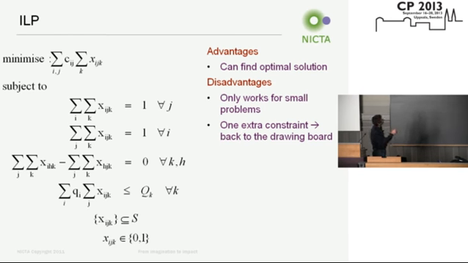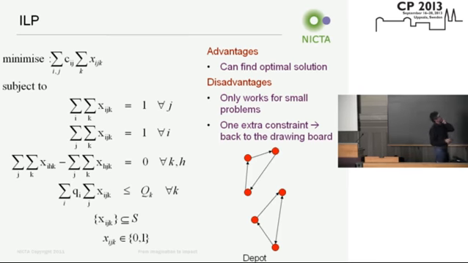And here's the capacity constraint. All of the customers that I go out of in a solution on vehicle k is less than the capacity of that vehicle. And this is the nasty constraint. This is the one that makes ILP not work.